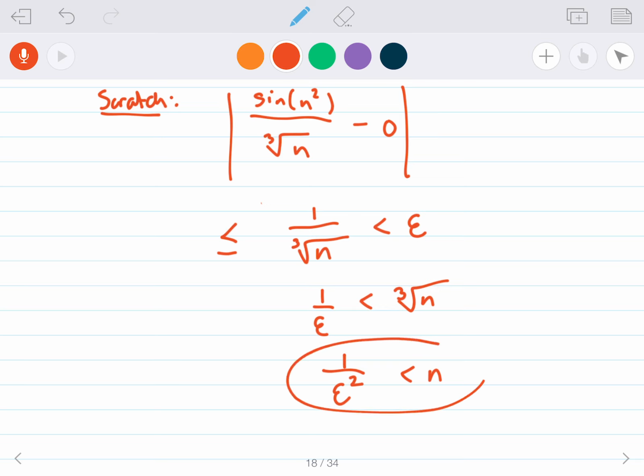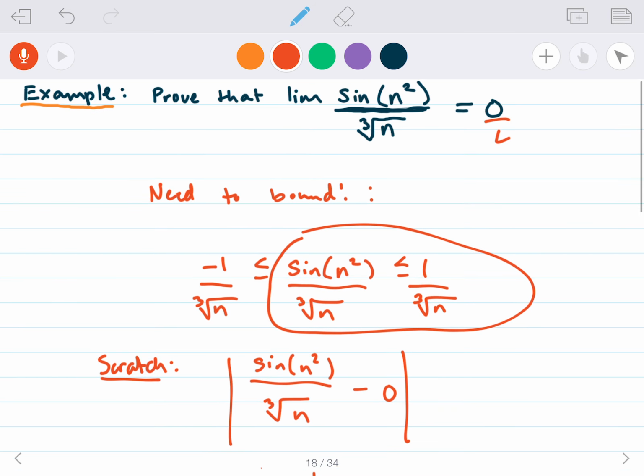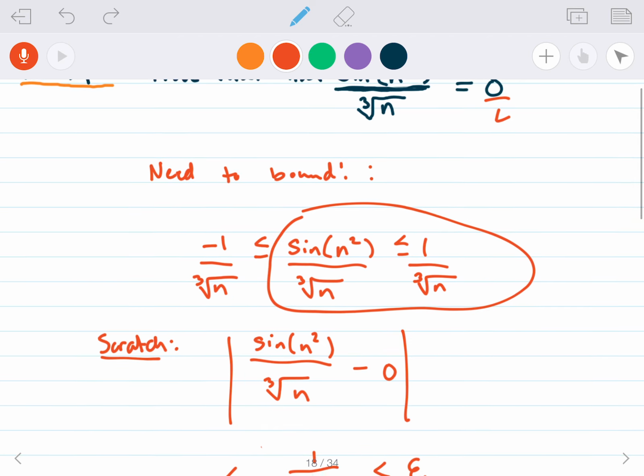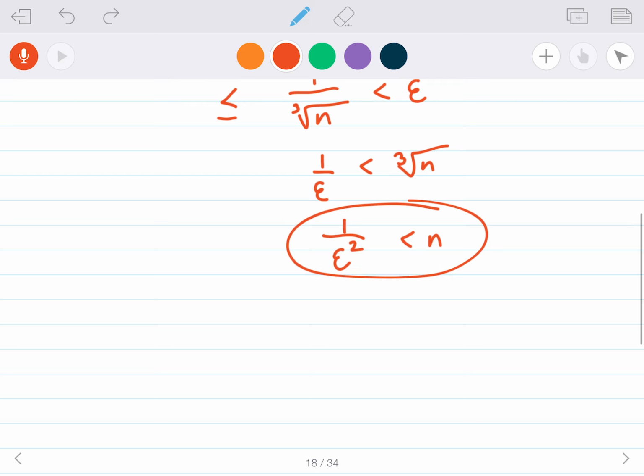So this is going to be my choice of capital N. Let's see how it all fits together. The idea, let's go back: we couldn't solve for little n outright in the inequality, so we had to bound it by something. We had to use the fact that sine is always between -1 and 1 to bound the sequence. And so, yeah, that's pretty much it.